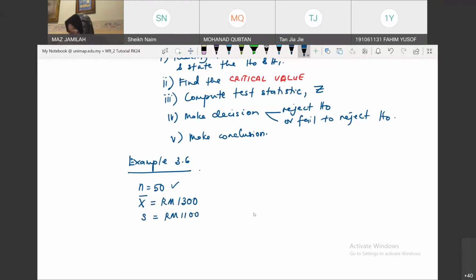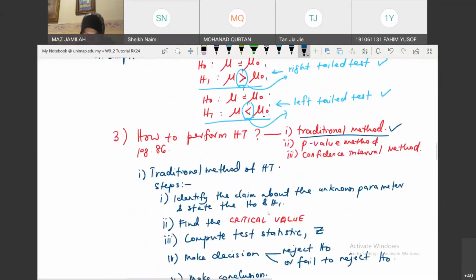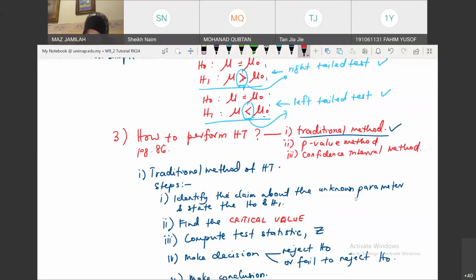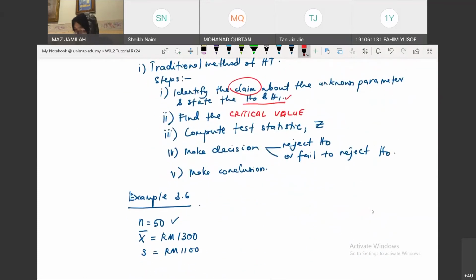Okay, is there sufficient evidence to reject the claim? Now see what is the claim, because the claim appears in your first step. You need to know what will be your claim from the null and alternative hypothesis. So what is your claim? Look at your question, class. Is there sufficient evidence to reject the claim that the mean of yearly expenses is RM 1,500?